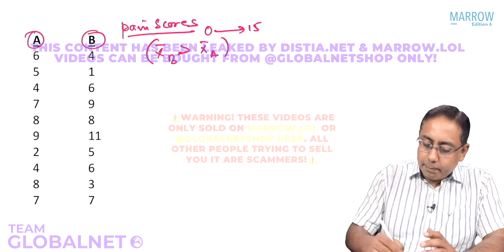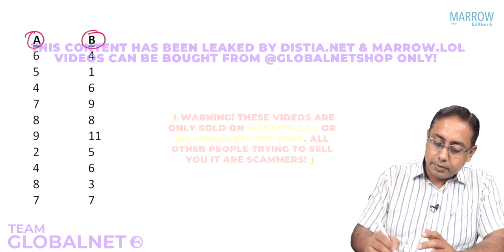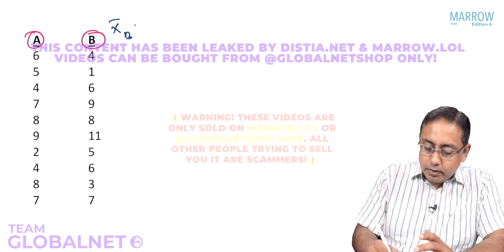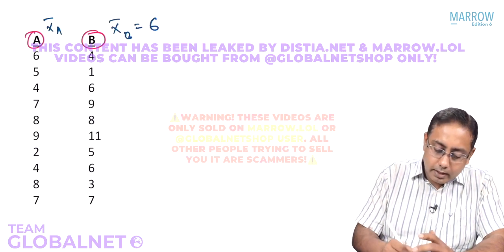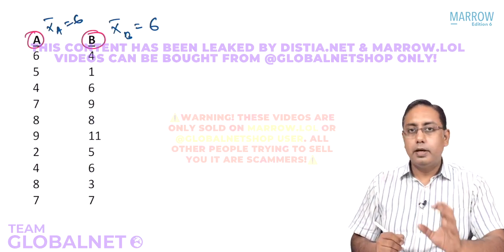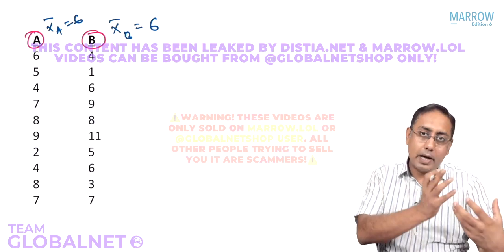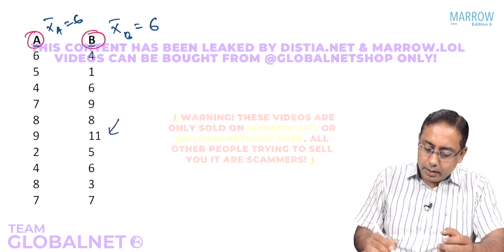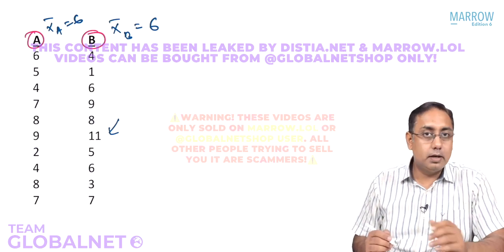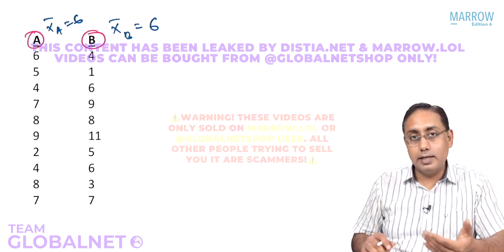Simple. But by chance, let us say that the mean in both the groups was the same. That is, the mean in B was equal to 6 and the mean in A was also equal to 6. Now you are in a big soup. Can you say that population B experienced the same pain levels as population A, where you see that the pain was slightly more in category B patients? We don't know how to ascertain that.